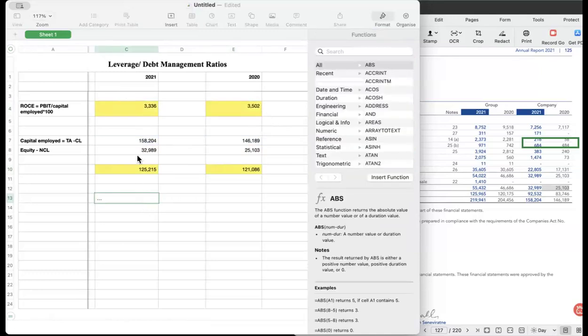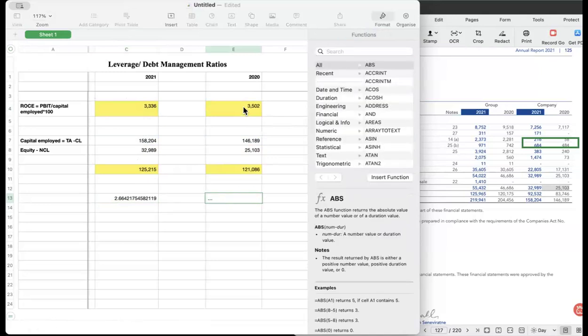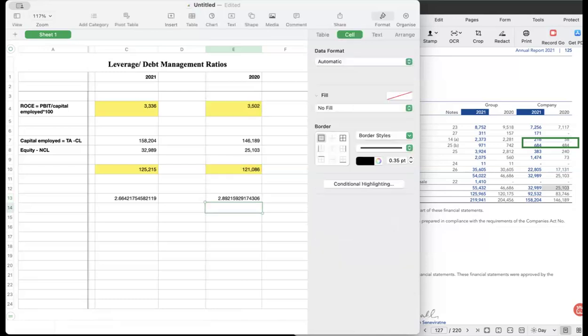So ROCE equals this divided by this into 100. Check whether the calculation is right. If it's wrong, let me know. I can correct it.